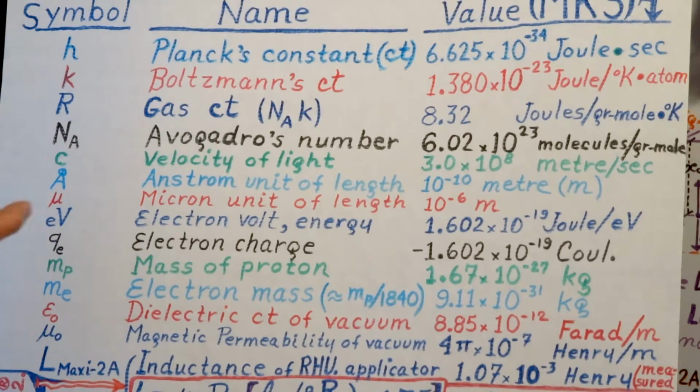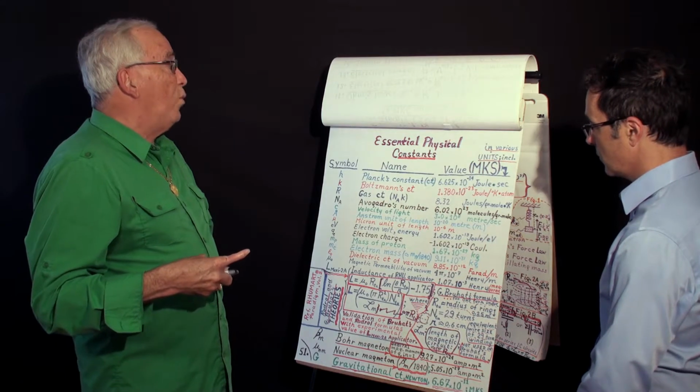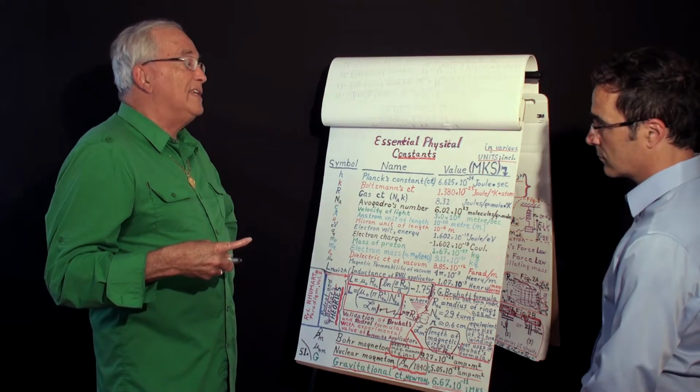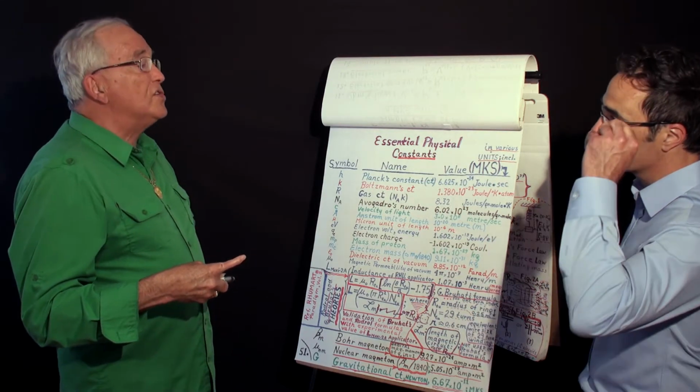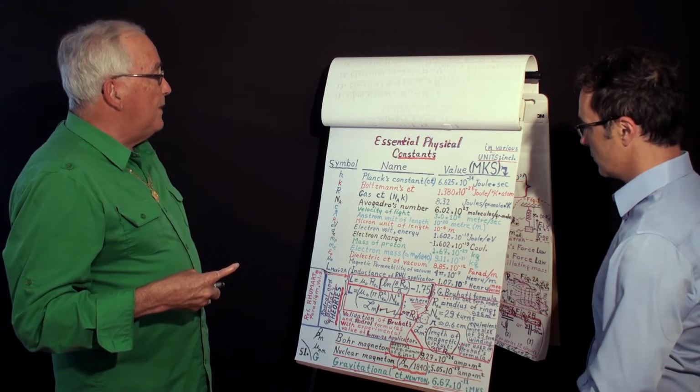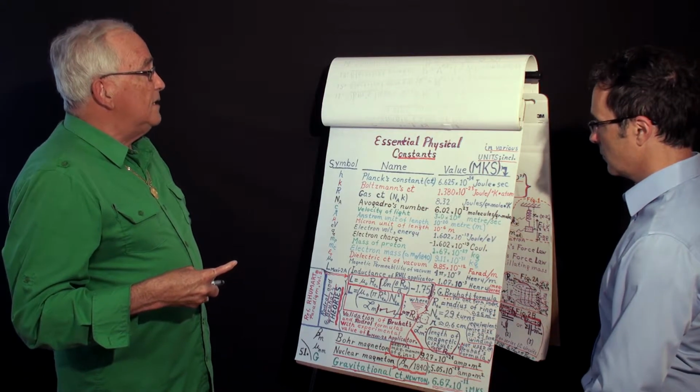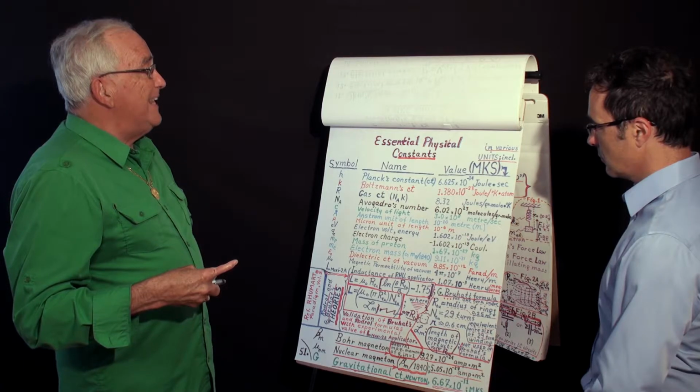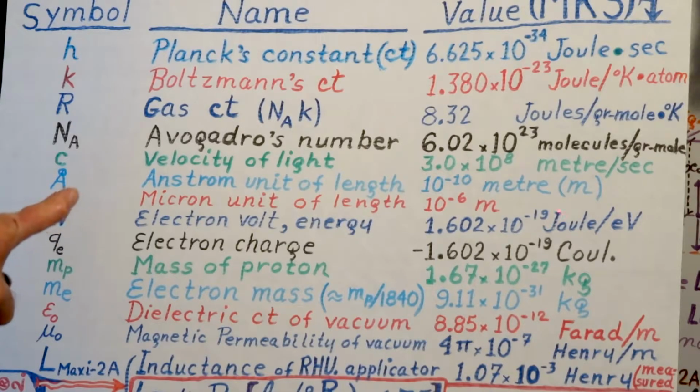eV is the electron volt in joules. If you take one electron and you raise its electric potential by 1 volt, we call it 1 electron volt. This is a small energy unit, about 1.6 times 10 to the minus 19 joule, much smaller than 1 joule.